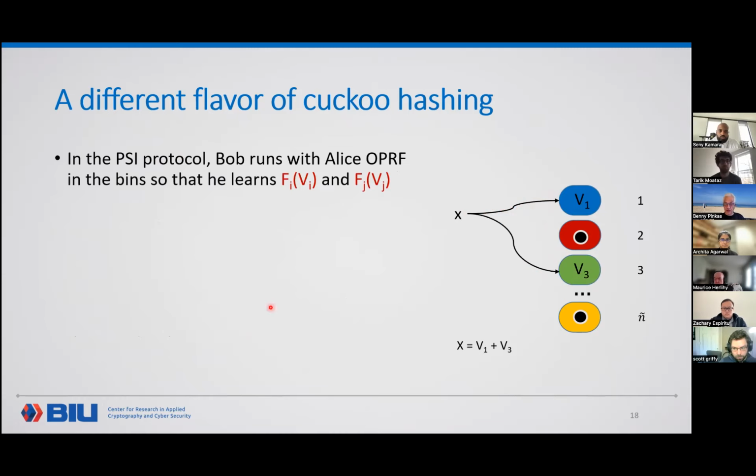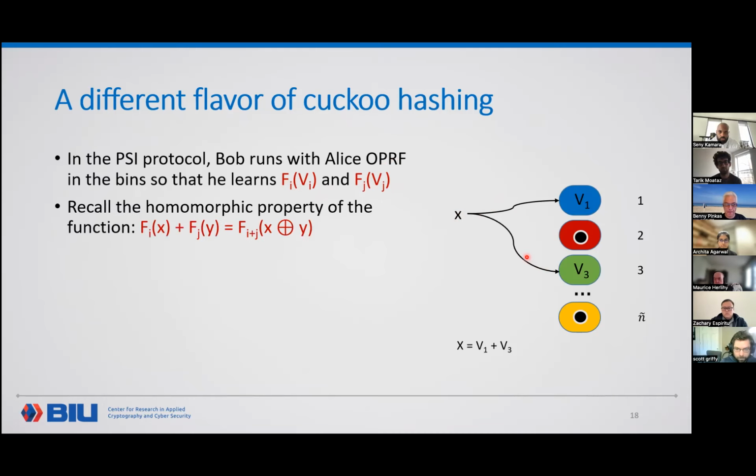In the PSI protocol, Bob will run with Alice this oblivious pseudo-random function evaluation, and he's not going to learn Fi of X or Fj of X. He's going to learn Fi of Vi, whatever he put here, and Fj of Vj. Now, from the homomorphic property, Fi of X plus Fj of Y is the Fi plus j of the XOR of these two values.